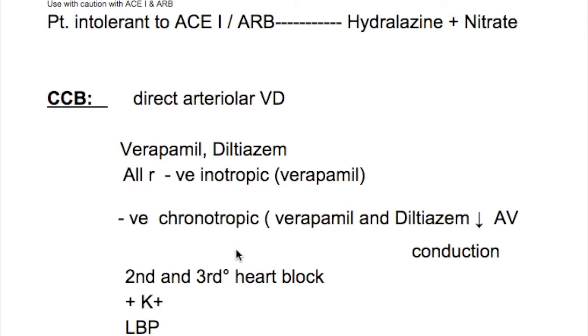So what drug is used if the patient is intolerant to both ACE inhibitors and angiotensin receptor blockers? If the patient is intolerant to both these drugs, he is given hydralazine and oral nitrates.